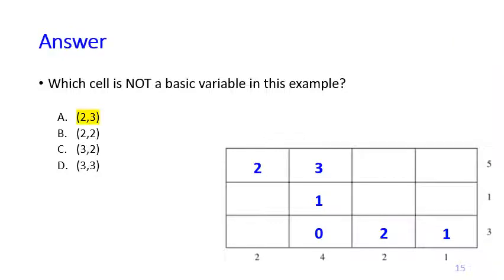The answer is A, the cell 2, 3, so it's this. That is a non-basic variable because 2, 2 is a basic variable, 3, 2 and 3, 3 are basic variables. So the first element here indicates the row and the second indicates the column.